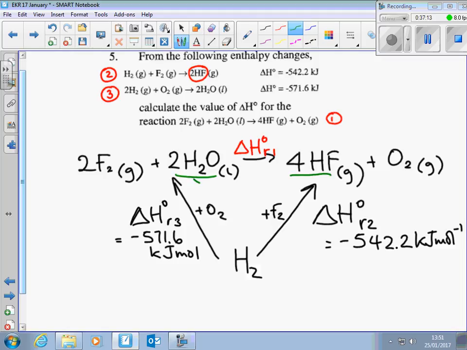So this is our starting point. So our first journey is down here, isn't it? So for the first bit, we're going to have to reverse that as our first job, aren't we? And then in order to get 4 of those, we're going to need to multiply that by 2. Those are where we want to get to.